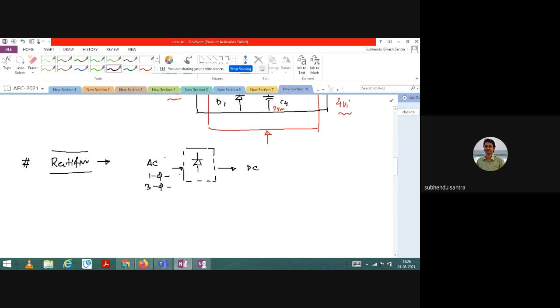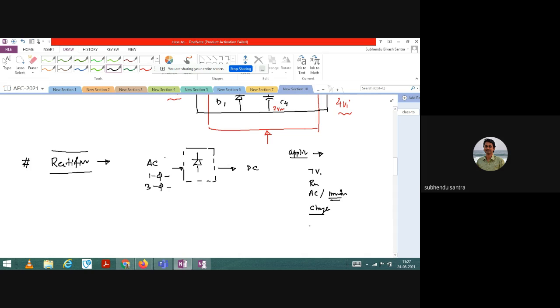Is that clear? Then where is it used? Applications. All the electrical and electronic appliances used in your household, maybe your TV, fridge, refrigerator, AC, if you have an inverter AC, which you have nowadays. Then chargers, laptop charger, mobile charger.